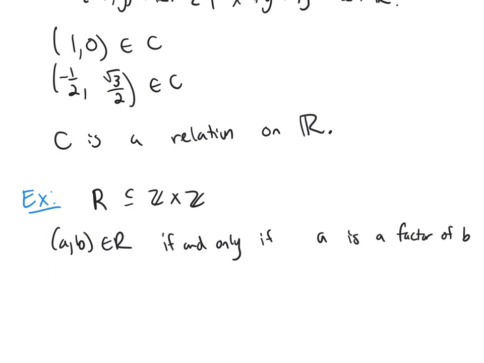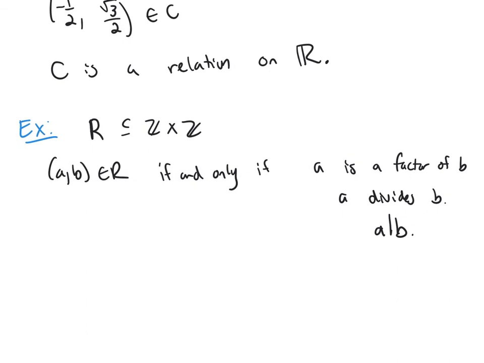Another way to say that is that a divides b, which symbolically we would write a | b.